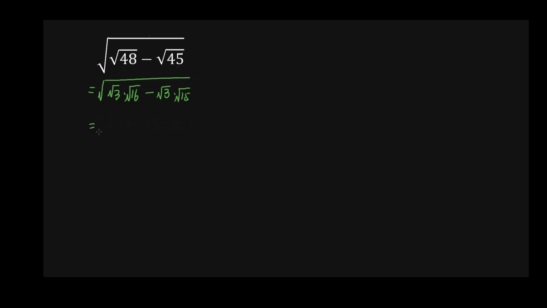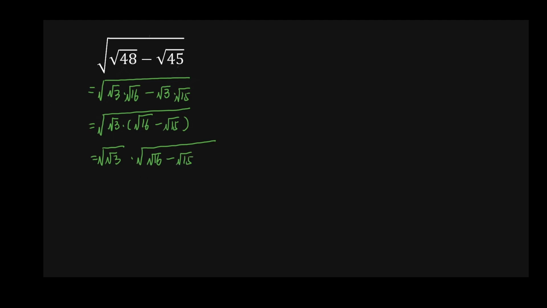Use the distributive law. That is the square root of square root 3 times square root 16 minus square root 15. That is the square root of square root 3 times the square root of square root 16 minus square root 15.